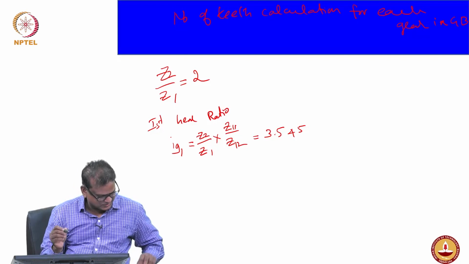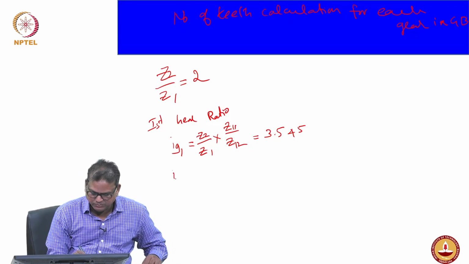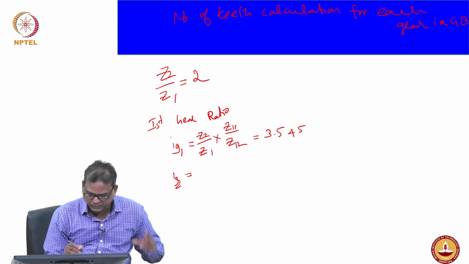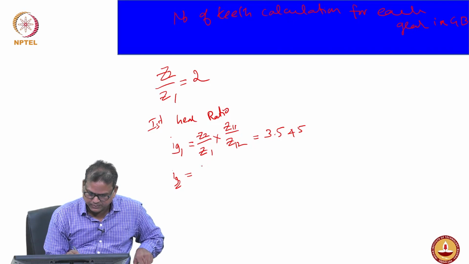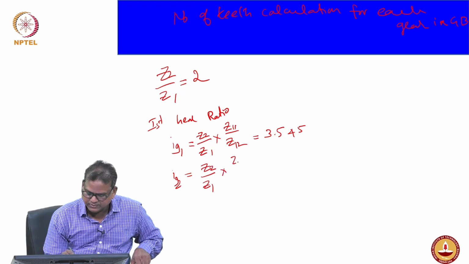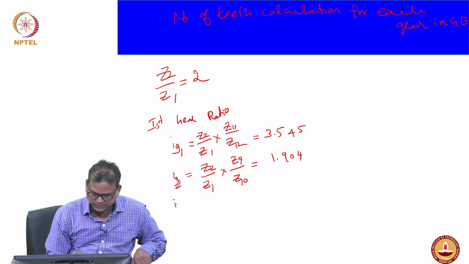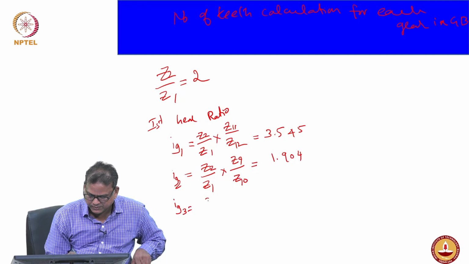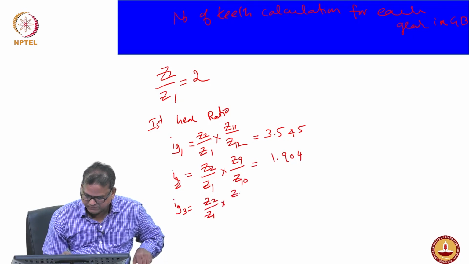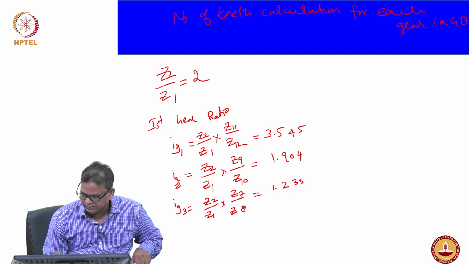This is the first gear ratio. Similarly, IG2: you have to refer to your ray diagram. Z2 by Z1 will always be there, then Z9 by Z10, which should give me 1.904. IG3: Z2 by Z1, then Z7 by Z8, gives 1.233.